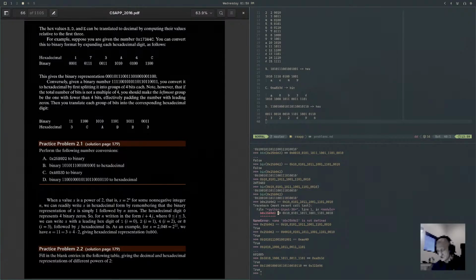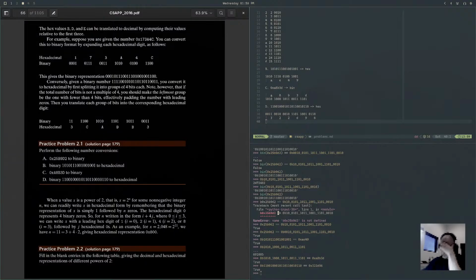The hexadecimal digit 0 represents 4 binary zeros. So for n written in the form of I plus 4j, where I is, we can write x with a leading hex digit.